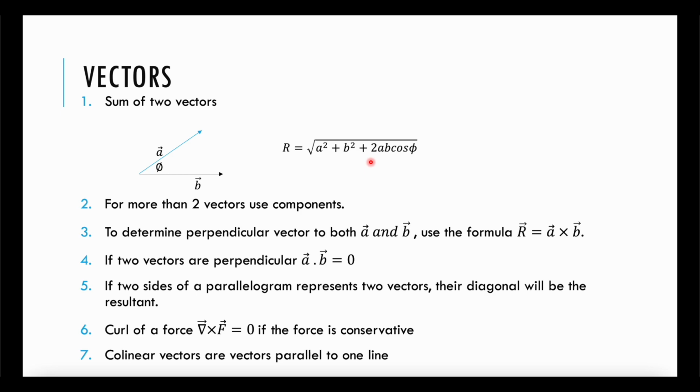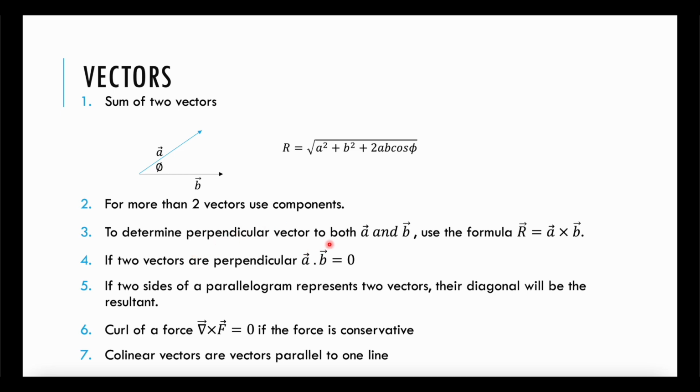One of the problems was given in shift 1 and another in shift 3. This formula is quite useful, and if you have to sum more than two vectors, then please use the components, I mean the xy coordinate system, and divide into components and calculate the sums.